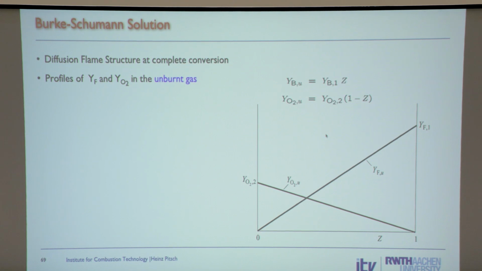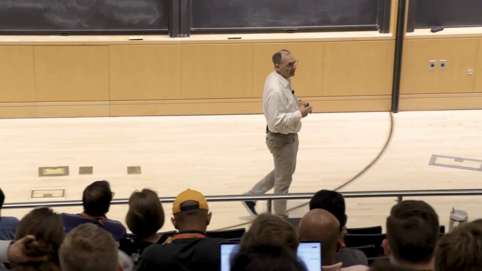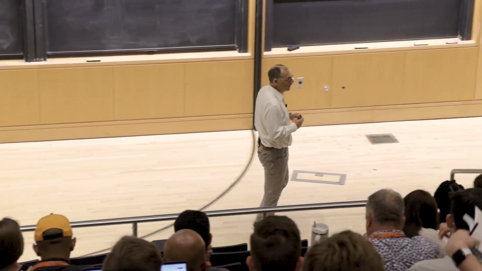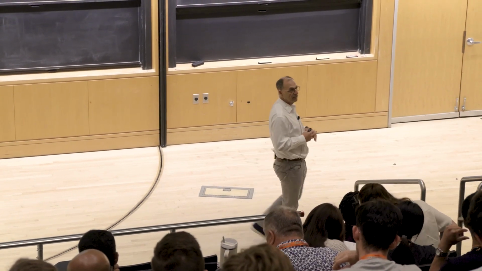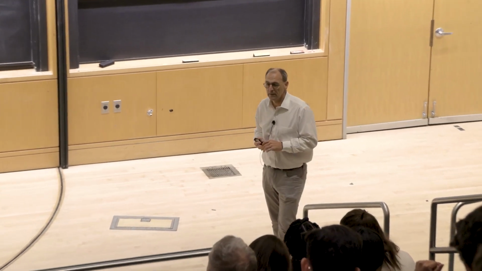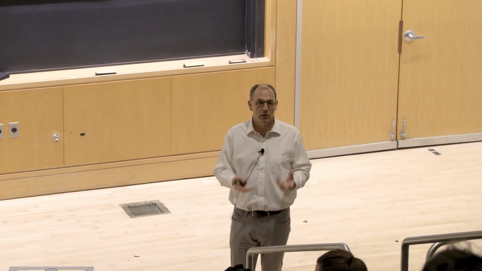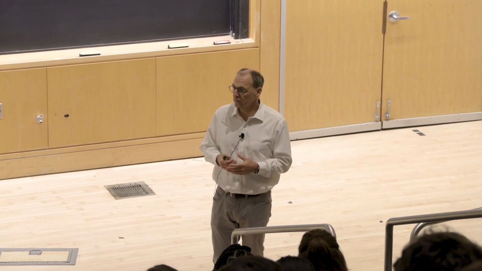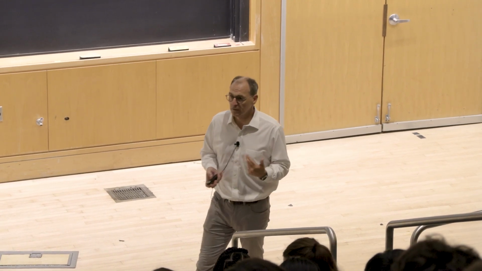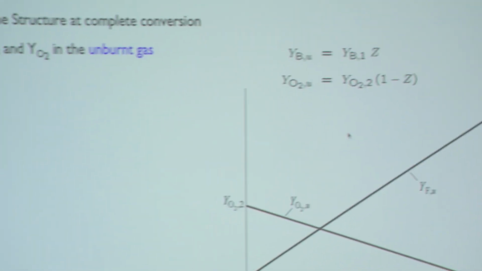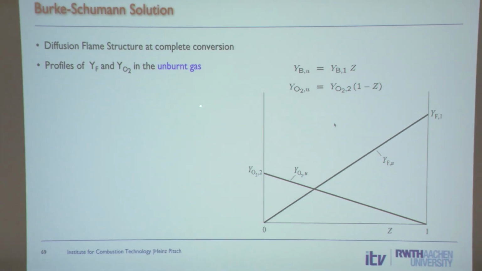And then something in between, the mixture fraction tells you what it is. The Burke-Schumann solution, assuming one-step global reaction infinitely fast, gives you the local mass fractions of all species as a function of mixture fraction. So that's already a very powerful concept.